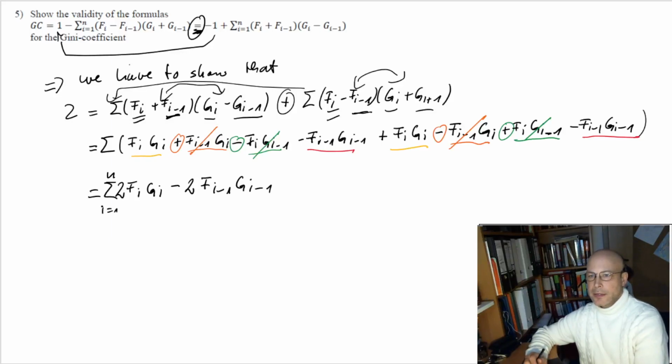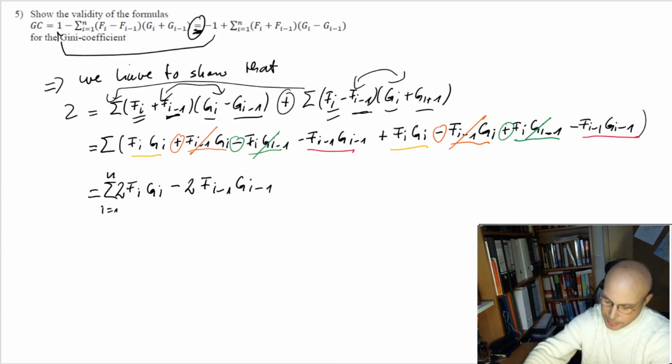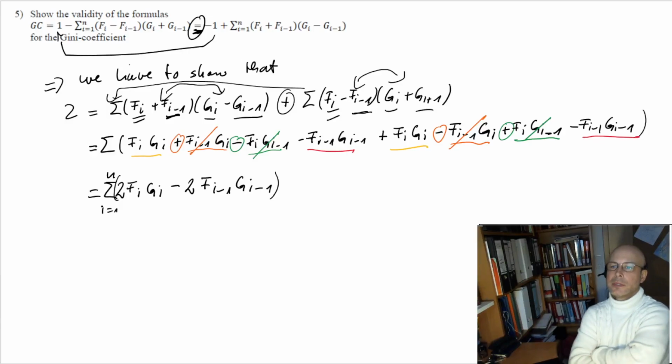And why is this complicated sum also just equal to 2? What again happens?